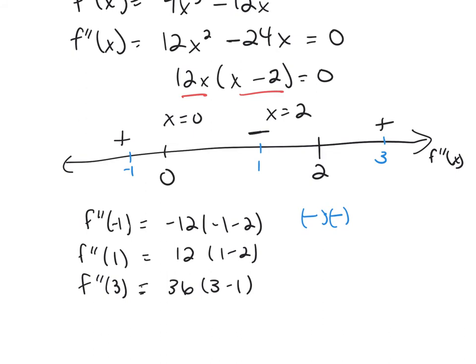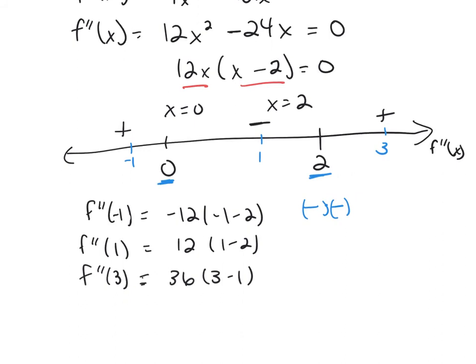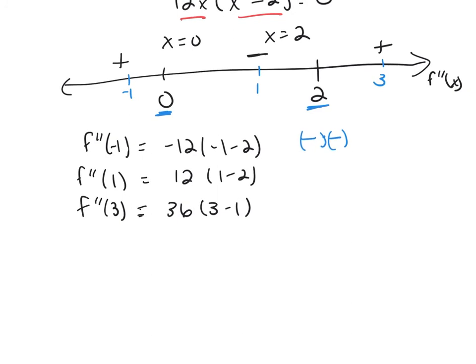So at 0, if I look over here at 0, my concavity switches from positive to negative. Or sorry, my second derivative switches from positive to negative. So my concavity changes. Same thing here. My concavity changes. So I do have 2 inflection points. Now you need to go back to your original function to get your points there. So if I go back, my function was x to the 4th minus 4x cubed.